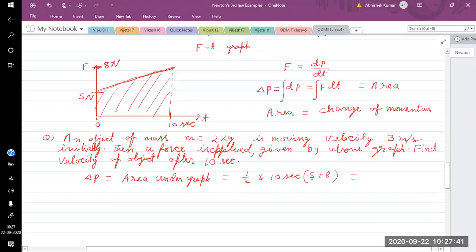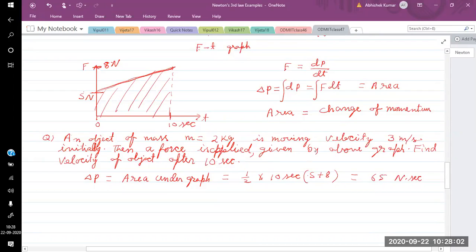Let us calculate the values. 5 plus 8 is 13, and 13 into 5 gives 65 Newton second, or we can write it as kg meter per second. So this is the change of momentum.